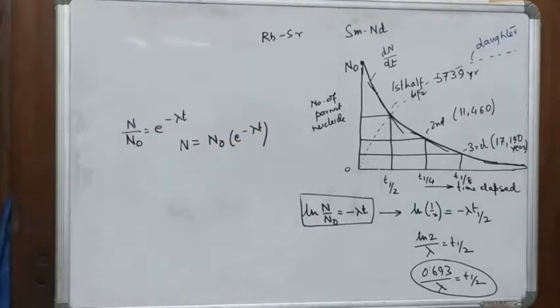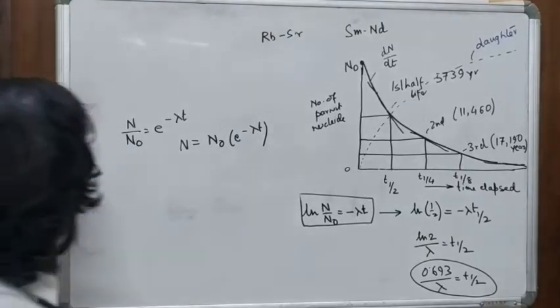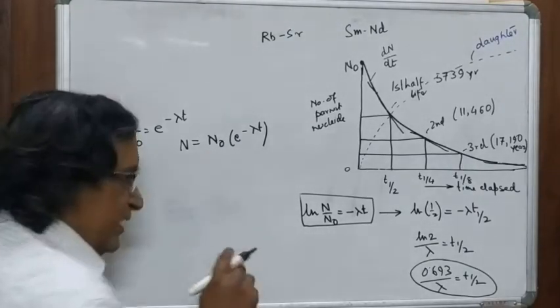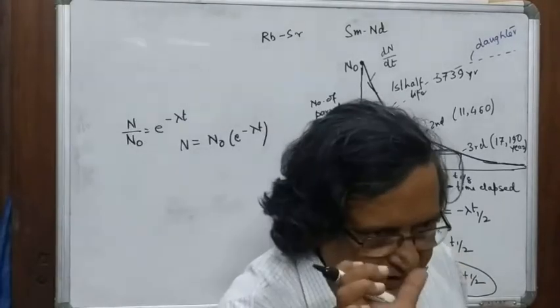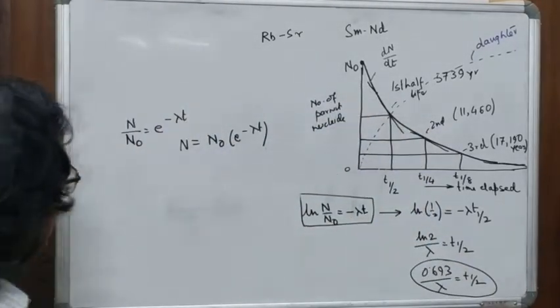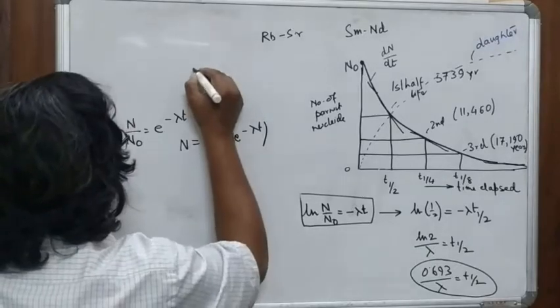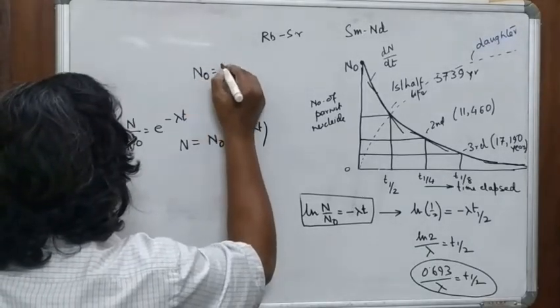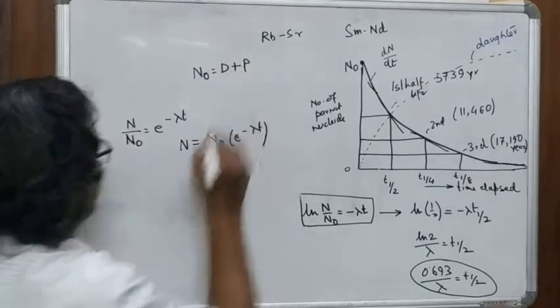Now, since the total number of the daughter and the parent remains the same, we can write N0 is equal to daughter plus parent.